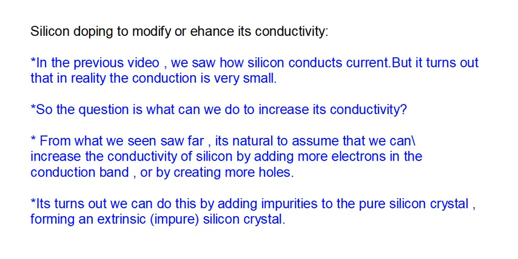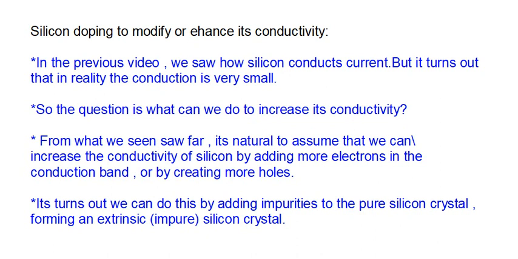So it turns out we can do this, the increasing of electrons in the conduction band, by adding impurities. This process of adding impurities to the pure silicon crystal is known as doping. And if you still remember, a pure silicon crystal is also called an intrinsic silicon.